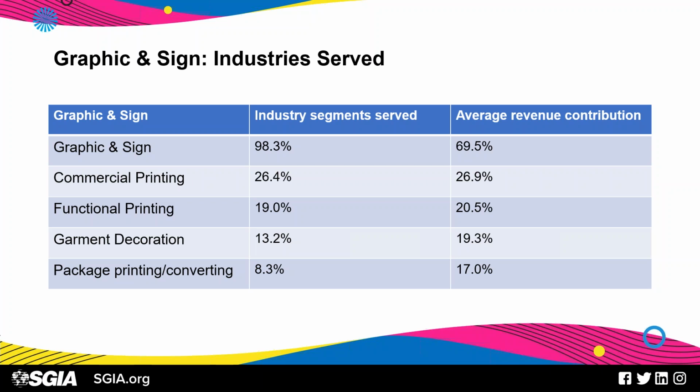Of course, the most part of the revenue comes from the graphic and sign segment. But if you look at the other segments, about a third of the revenue comes from commercial printing, 26.9%. A fifth comes from functional printing or garment decoration, and 17% of the revenue comes from the package printing and converting industry. That's why, when we ask the companies to identify themselves, this is a real challenge, because they are not just graphic and sign producers anymore. They are much more than that.